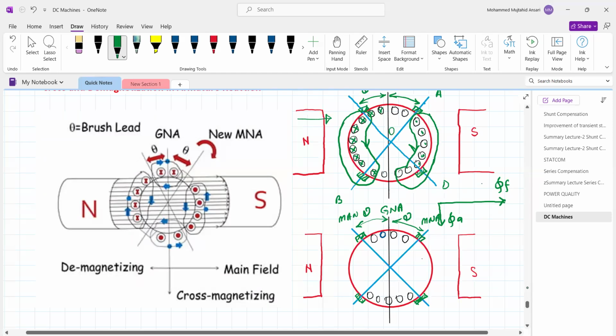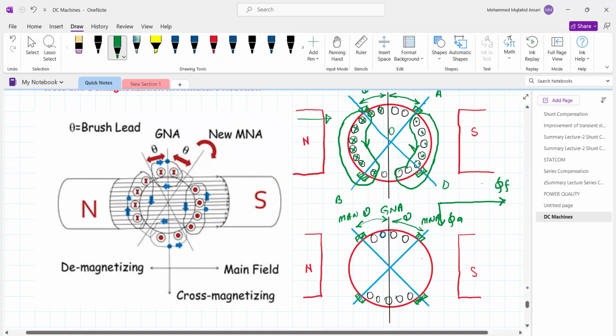Now see, when there was no armature reaction, the conductor's direction of current is downward, meaning it is going away from our side. So these conductors, earlier in the influence of the north pole, are going to appear under the influence of the south pole.